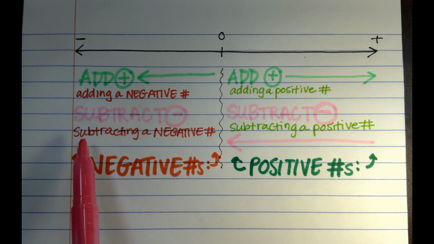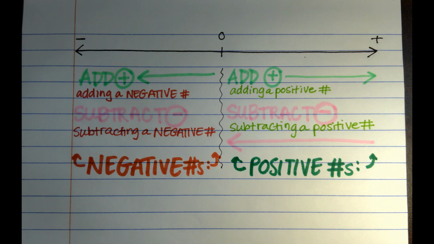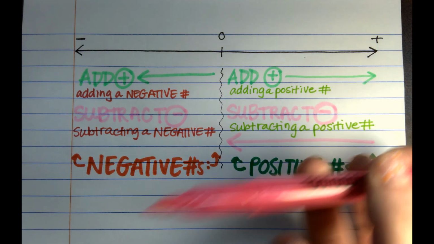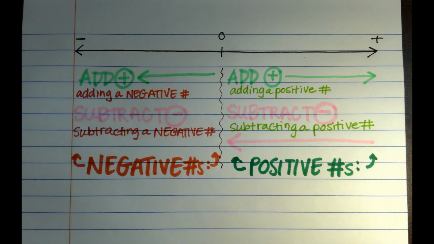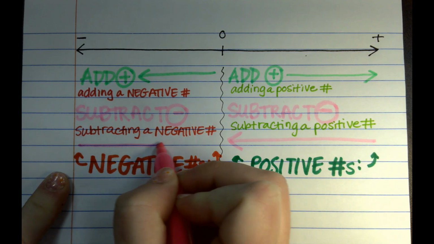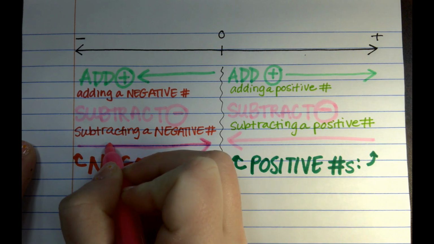When I subtract a negative number, am I going to the left or the right? So when I subtract a positive, I go to the left. What do I do for subtracting a negative? The opposite. We're going to go to the right. Negatives do the opposite. Okay?